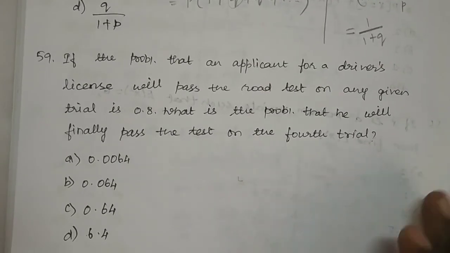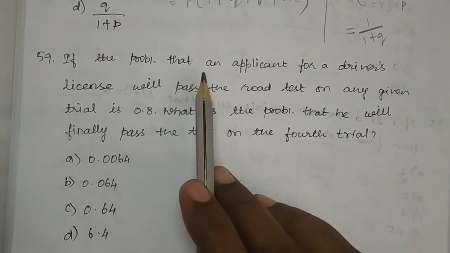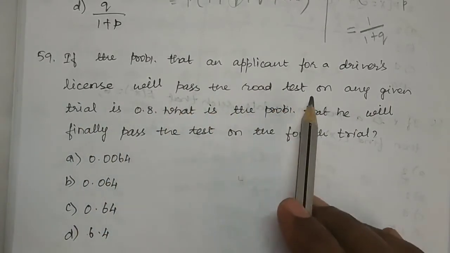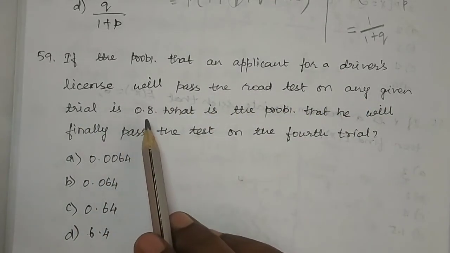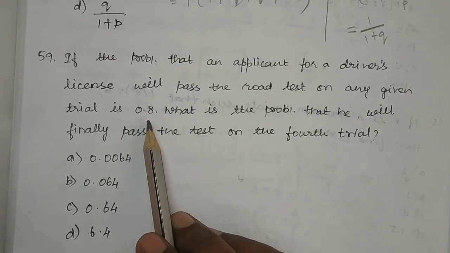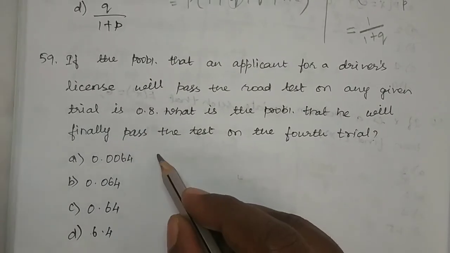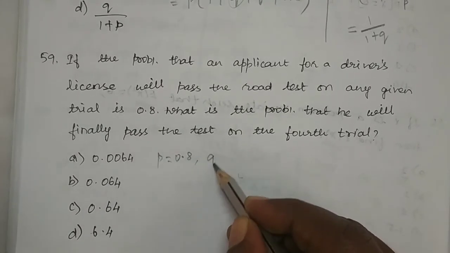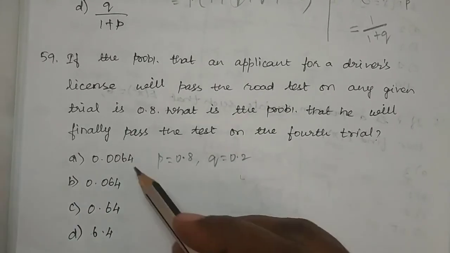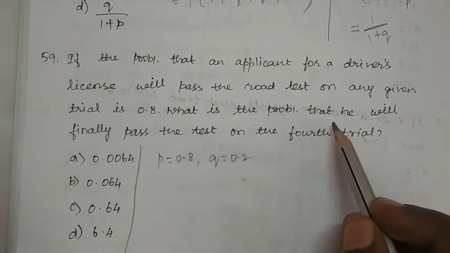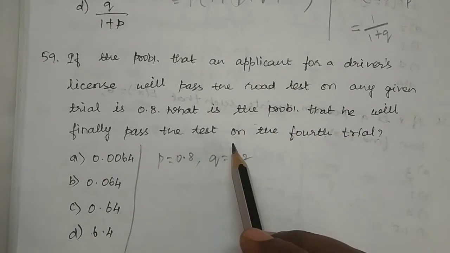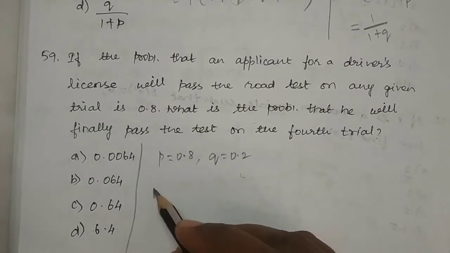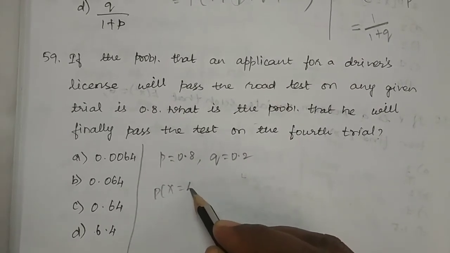Next one, if the probability that an applicant for a driver's license will pass the road test on any given trial is 0.8. So p equal to 0.8. Then automatically q value will be 0.2. What is the probability that he will finally pass the test on the fourth trial? So we need to find out for the fourth trial.